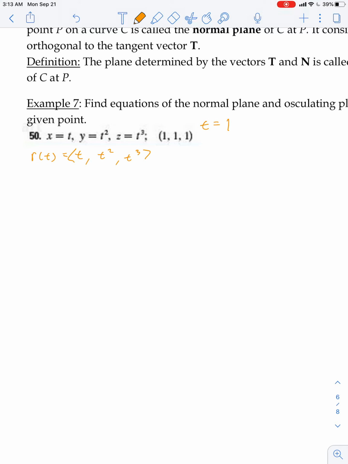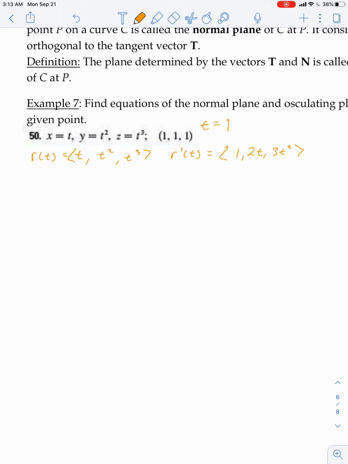Now that we have our r of t, if I want to write the equation for the normal plane, it's not going to be that difficult. All I need to do is take the derivative of r of t. So taking the derivative, we get r prime of t is equal to 1, 2t, and 3t squared.